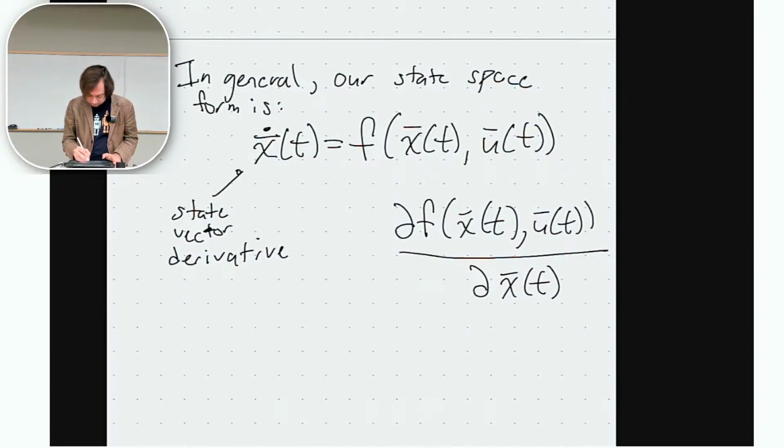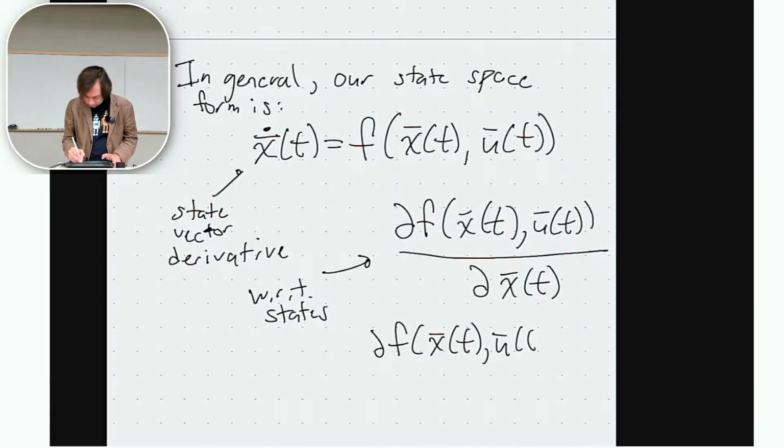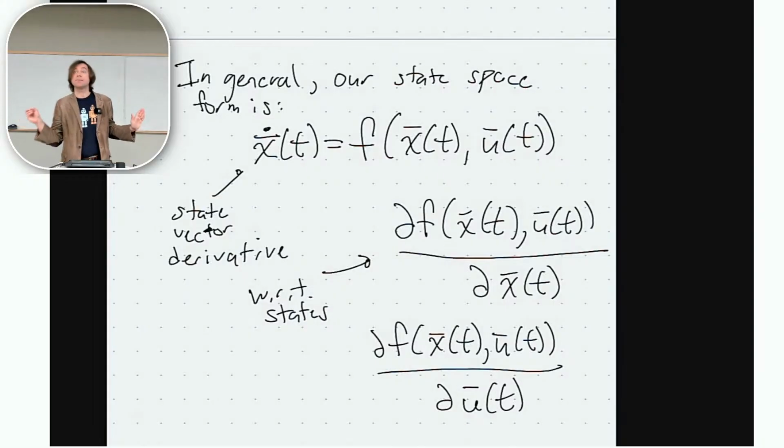So this is our derivative with respect to states. And then our derivative with respect to inputs, so it's going to be partial u of t.